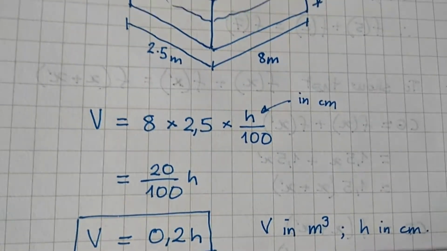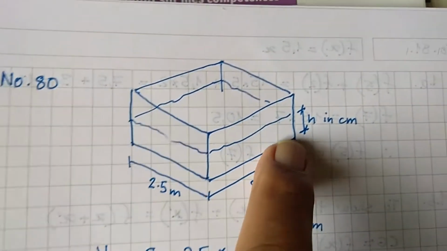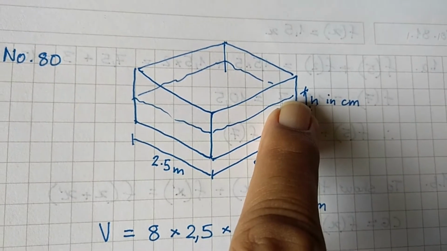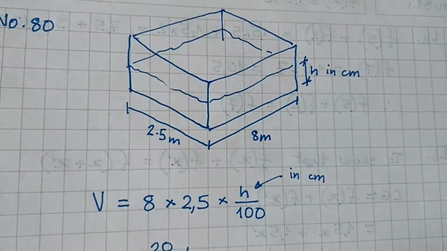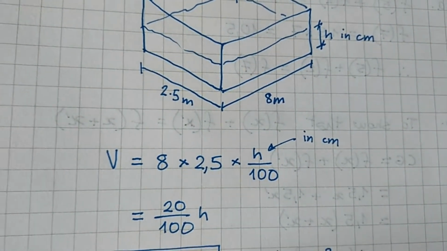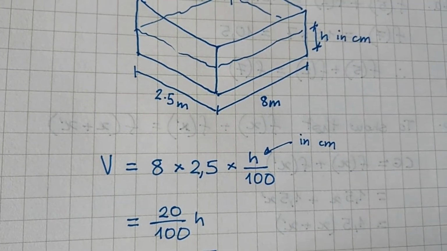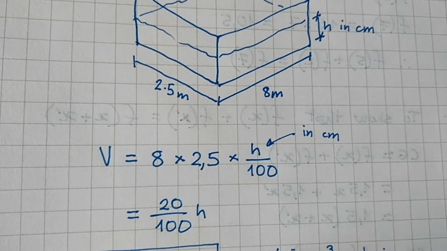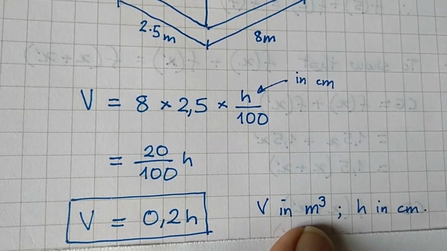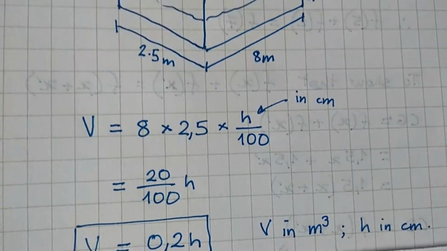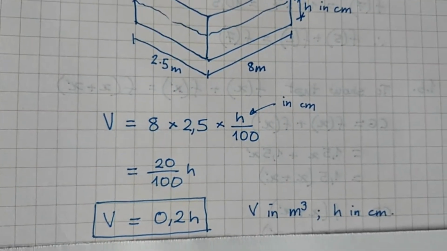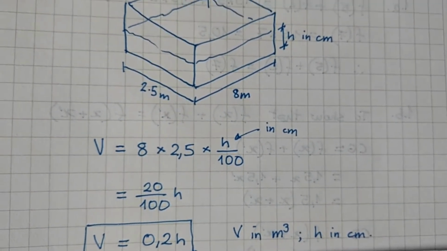This is very simple. So if we say the height of water is 100 centimeters, then the volume of water would be 0.2 into 100, that is 20. The volume would be 20 meter cube.